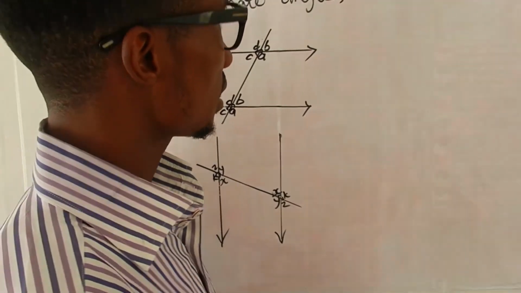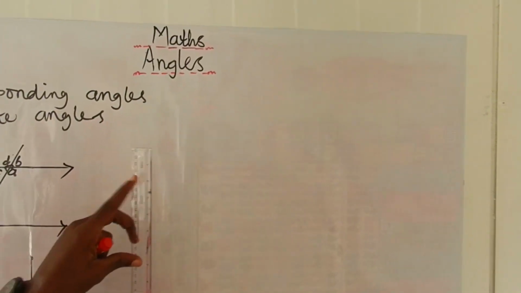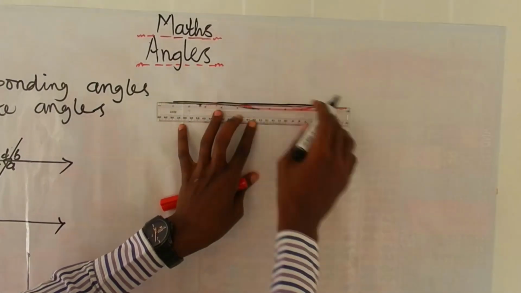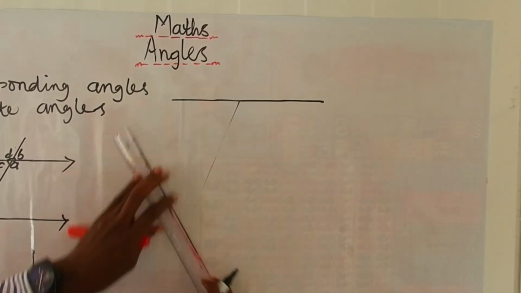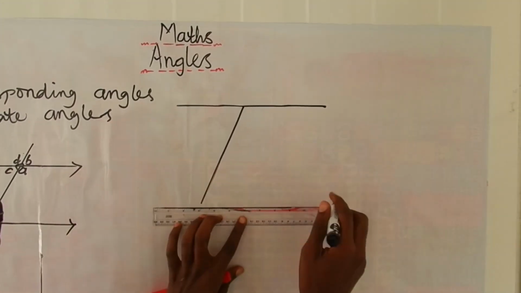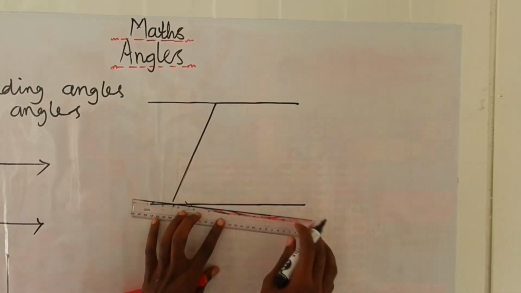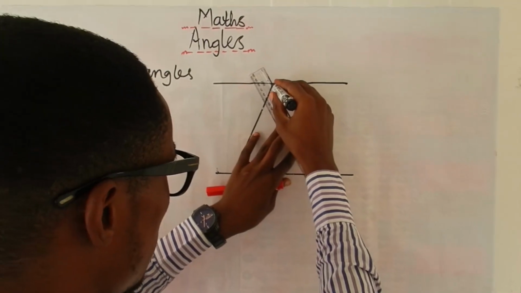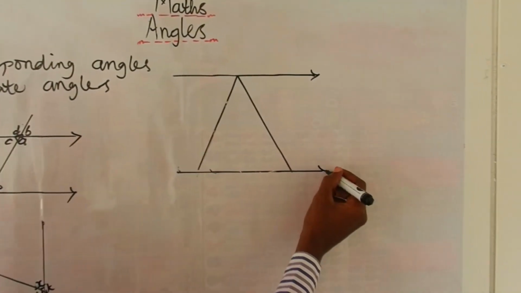Now let me give you this equation. Let's solve it together. When you have something like this, and you have something like this, something like this, and then something like this. Beautiful. Okay?